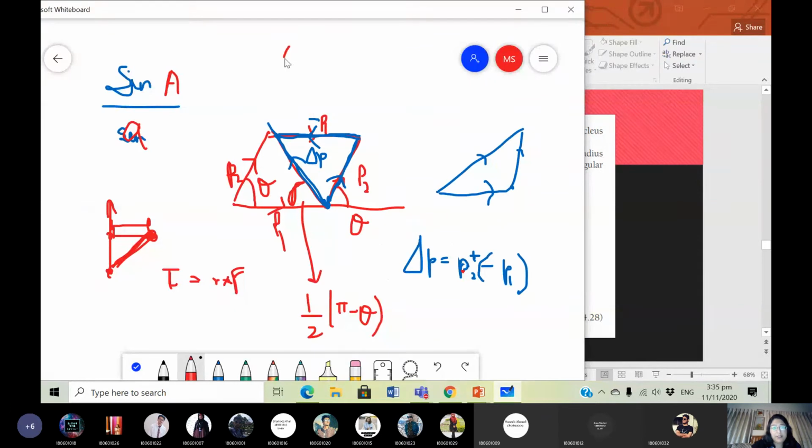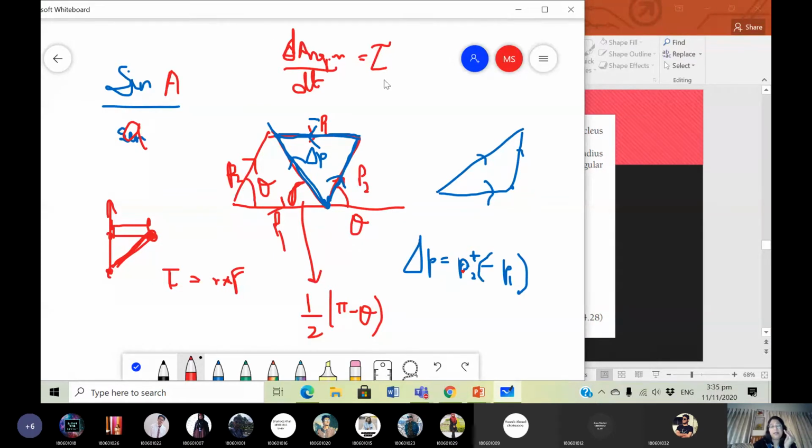The rate of change of angular momentum, d by dt, is equal to the torque, right? So if there's no torque, then there will be no change in the angular momentum. Is this formula correct? Yes, I think it is correct.